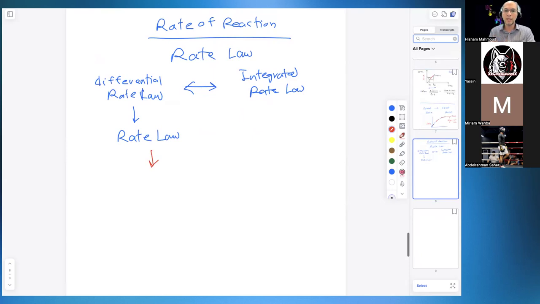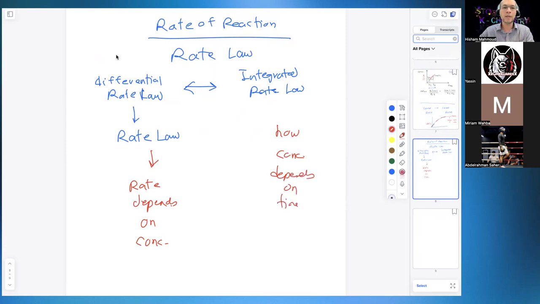How the rate depends on concentration, if the concentration is lower or higher. The integrated will show me how the concentration depends on time. We'll see it in time. How, Mister? Let me tell you.